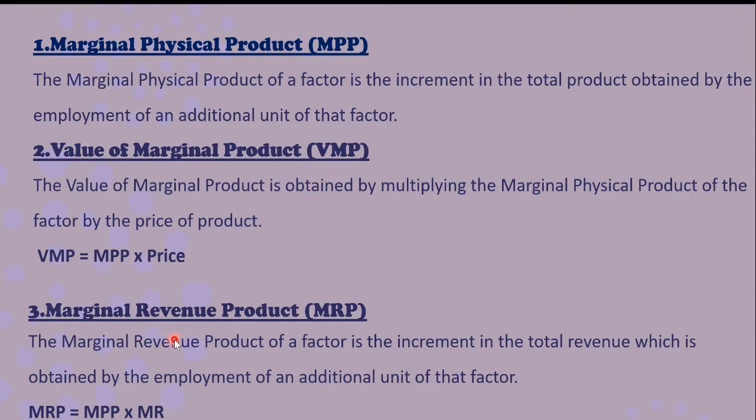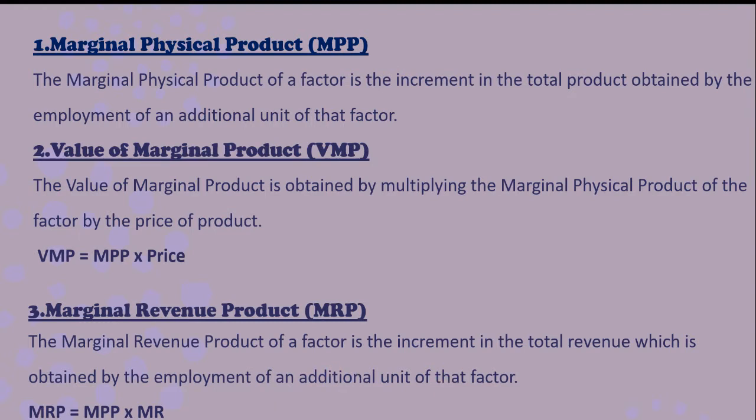Next is marginal revenue product, MRP. The marginal revenue product of a factor is the increment in the total revenue. Here it was the increment in the total product. Here it is the increment in the total revenue, which is obtained by the employment of an additional unit of that factor.